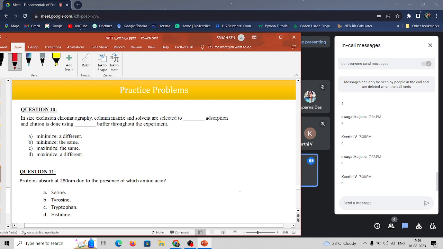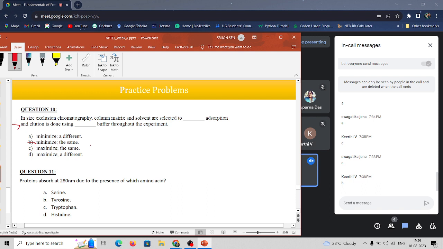Yes, so B is the correct option because the column matrix and the solvent are selected to minimize the absorption, and you have to use the same buffer throughout your experiment, for the loading as well as the elution time.